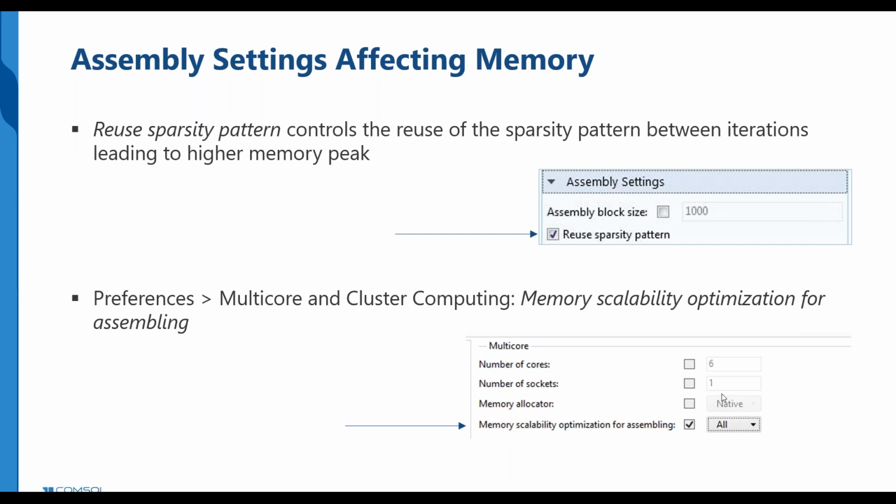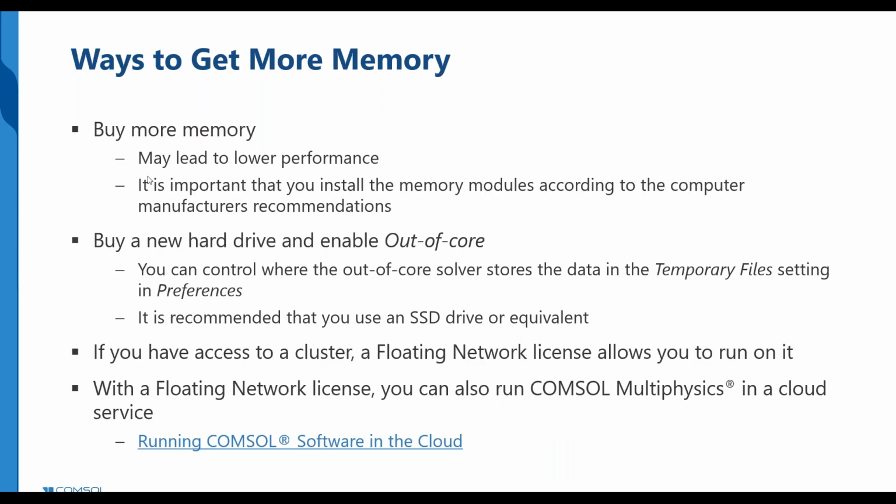It's not enabled by default, so you can then go in and enable it manually. It's used for cluster computing by default, but not for multi-core processing. And then, of course, as a last resort, you can buy more memory.